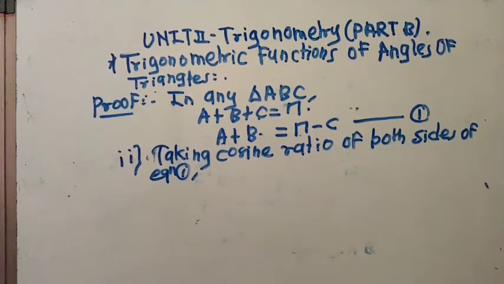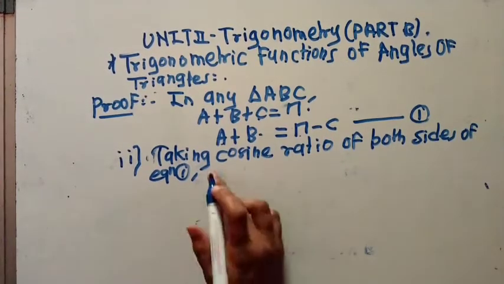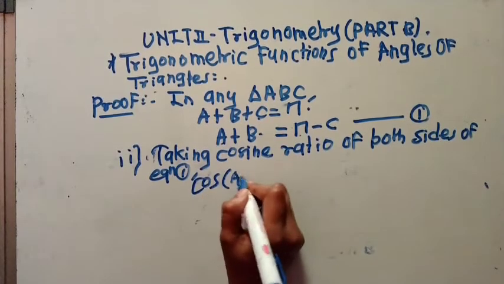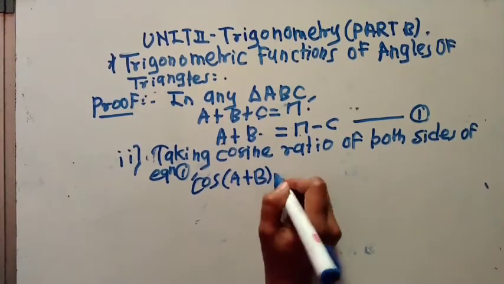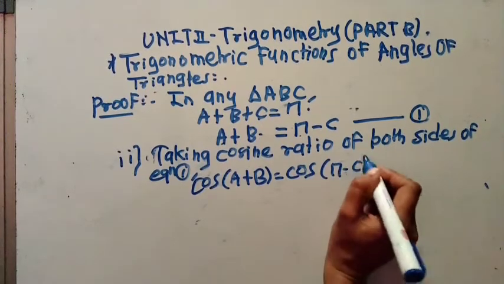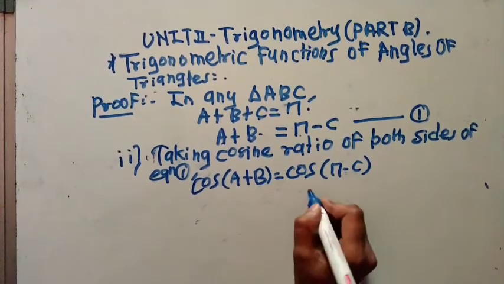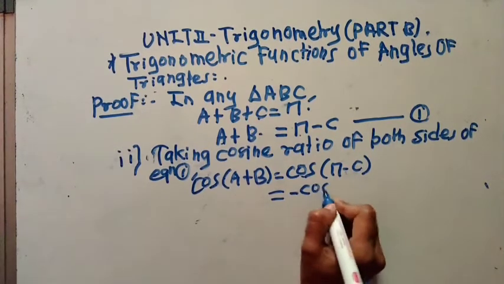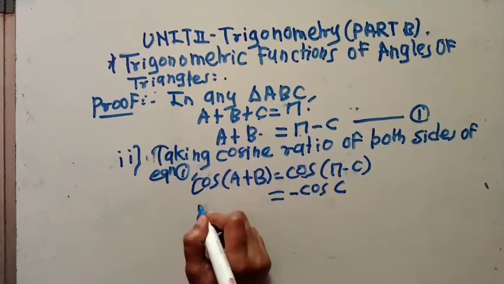Here cosine ratio means cos(A+B) is equal to cos(pi minus C). But cos(pi minus theta) is minus cos theta, means minus cos C.